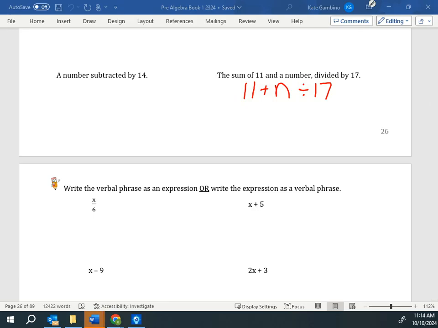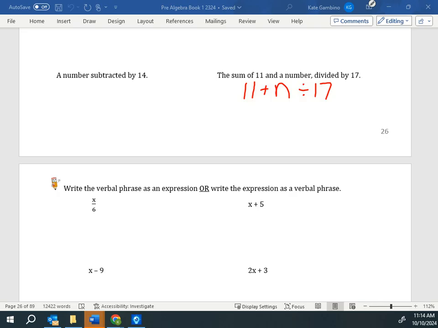Think about our order of operations. What is going to happen first if this is how I wrote my expression? What am I going to do first, Hadley? I'm going to do that division first. I'm going to do a number divided by 17, and then I'm going to add 11 to it. Uh-oh. Is that what it was telling me to do? Did it tell me to take a number divided by 17?